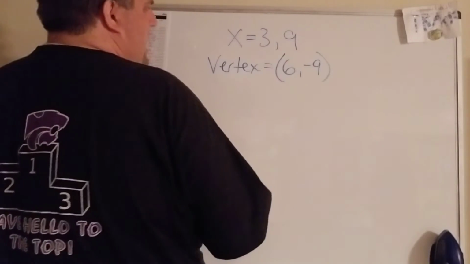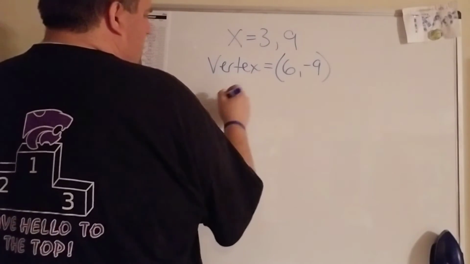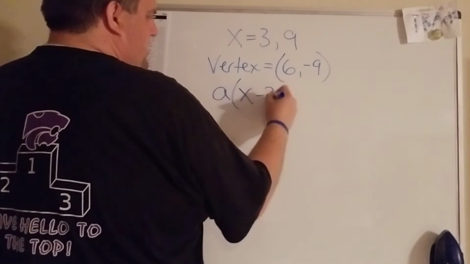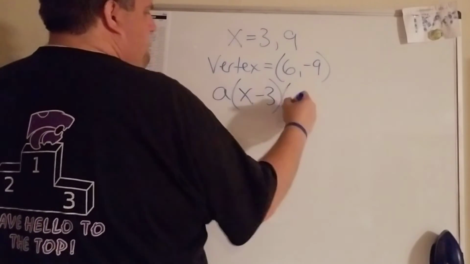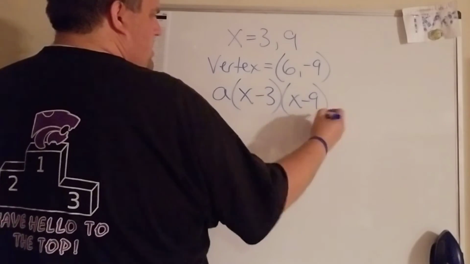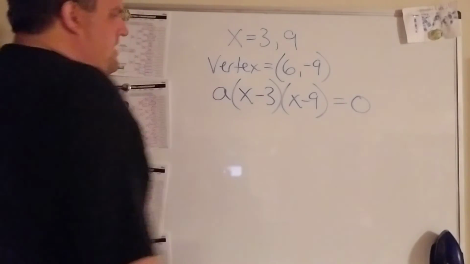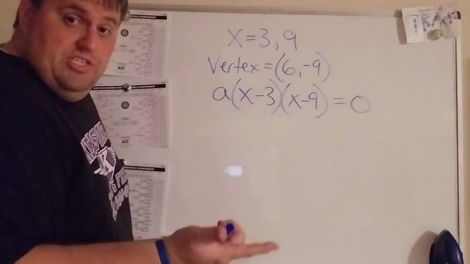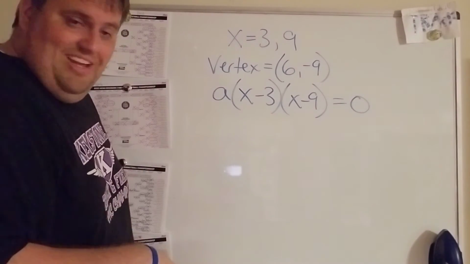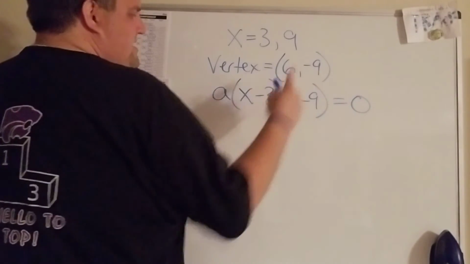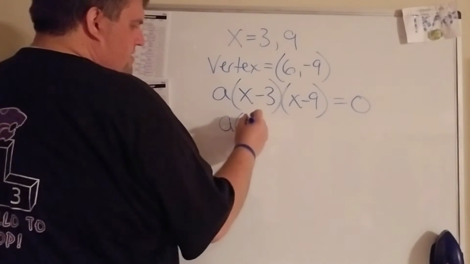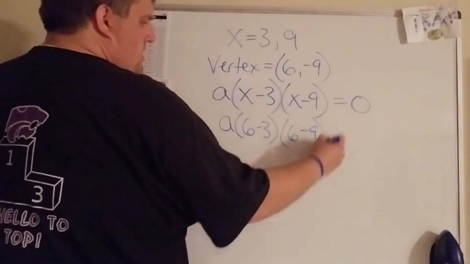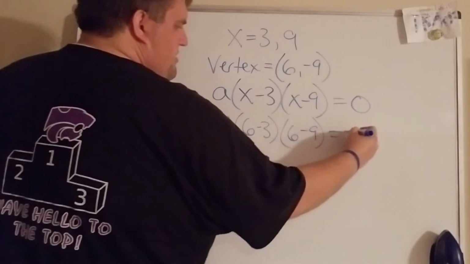If my solutions are positive 3 and positive 9, that means in my factors, this would have been x minus 3, and this would have been x minus 9, and it's got to be set equal to 0. We throw the a in front because we don't know if it has a GCF or not. We'll find that out in a second. So now we're going to plug in 6 for all the x's, and our y value here is going to be negative 9.